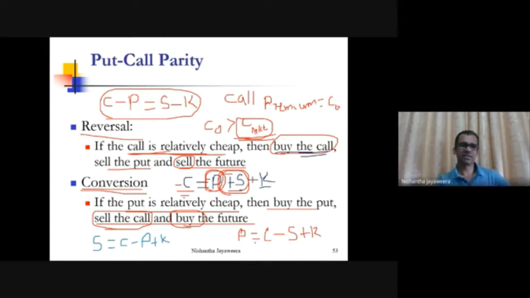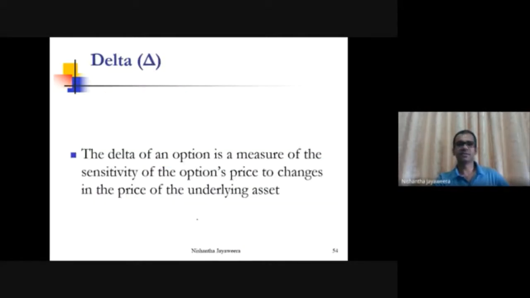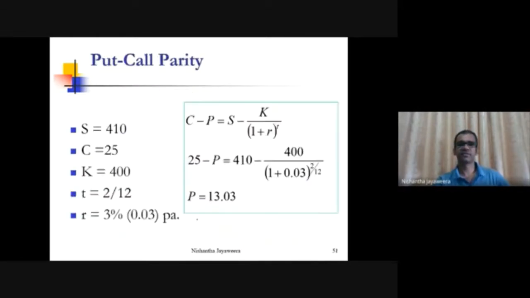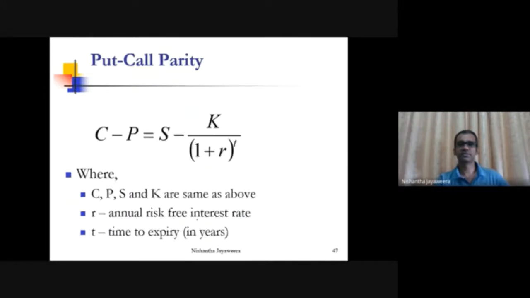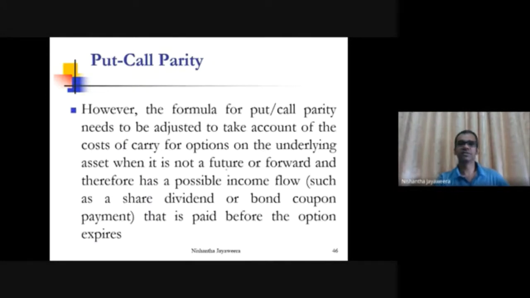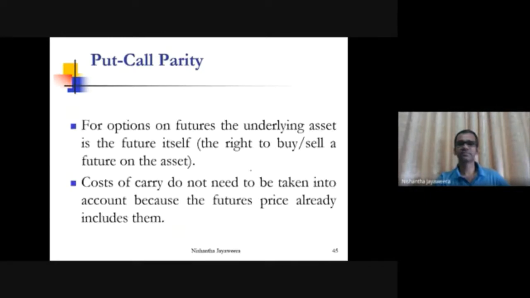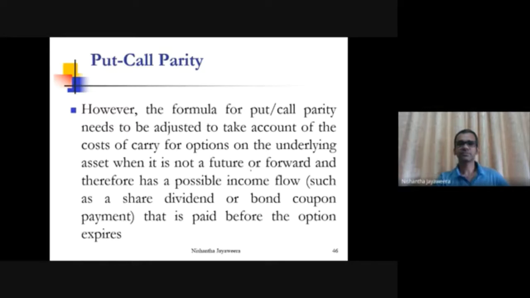In other underlying assets, S is the asset. Then there's a meaning for this K. If you go back to this equation, I have mentioned here, we assume that the K is a bond.